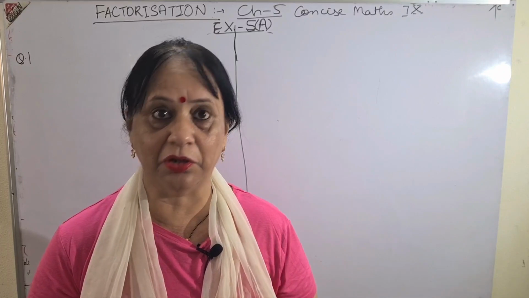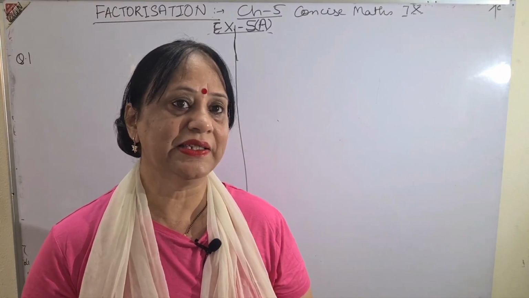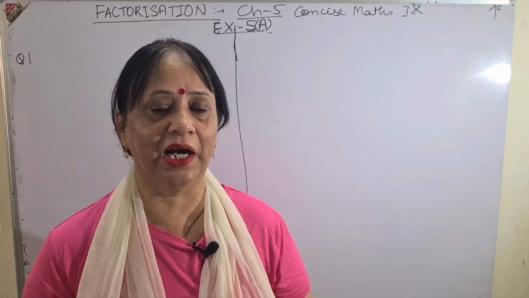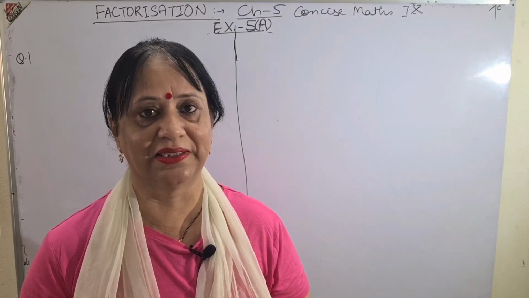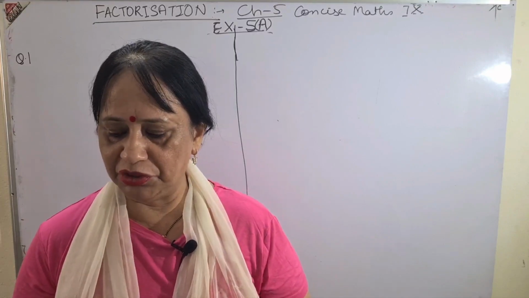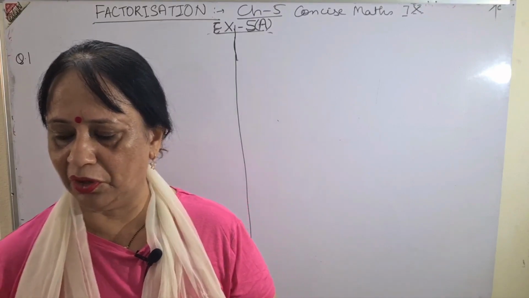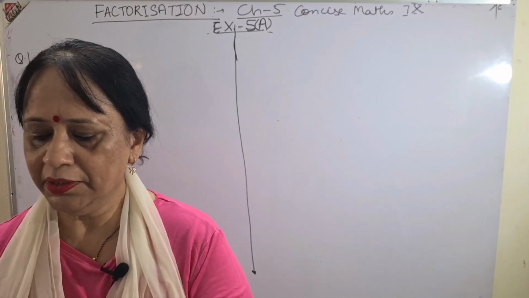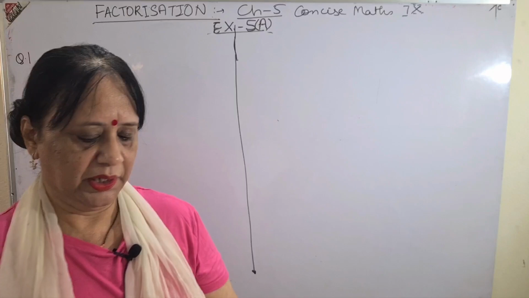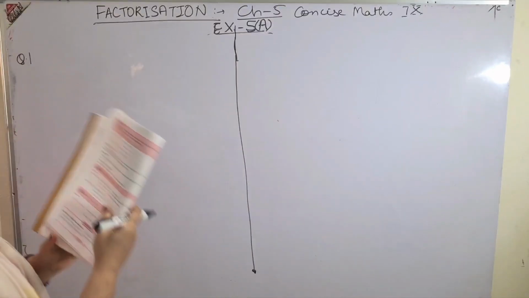Factorize by taking out the common factors. Factorize means factorize by taking out the common factors, so common factors is your direction here. Question numbers 1, 2, 3, 4 are all the same, so I'll do one of them, question number 4, and the first, second, third are done the same way.